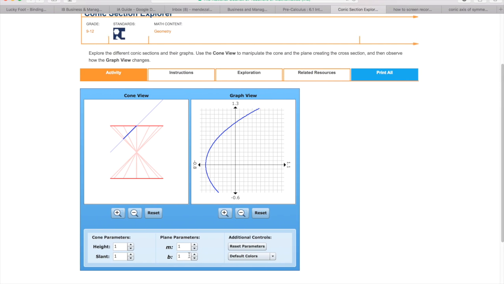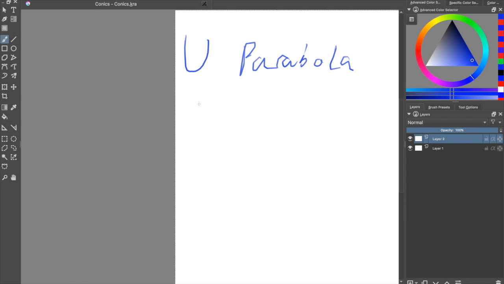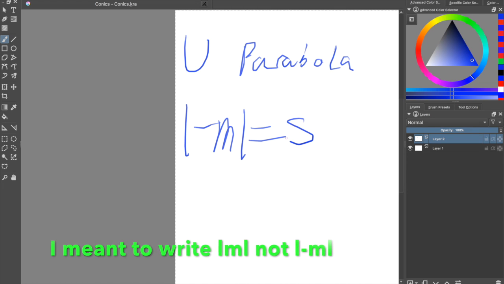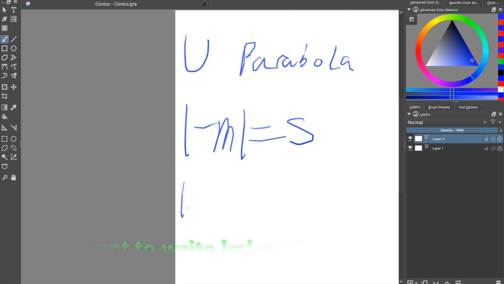Let's try, I just want to try 1. Still a parabola. Perfect. Well, this tells us that the absolute value of m equals s for a parabola. So, like we just tested out, 4 equals 4.